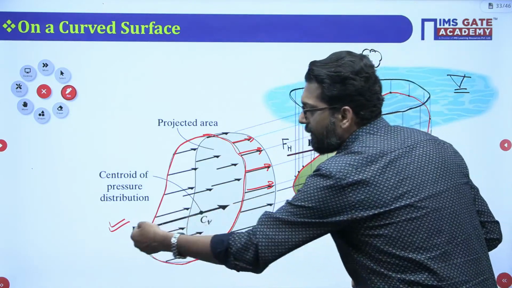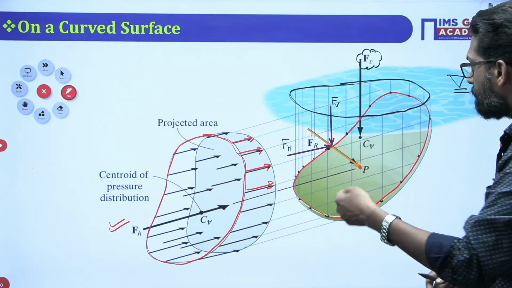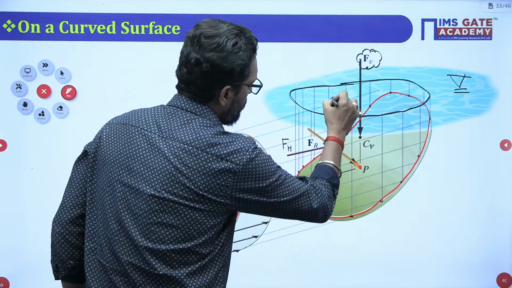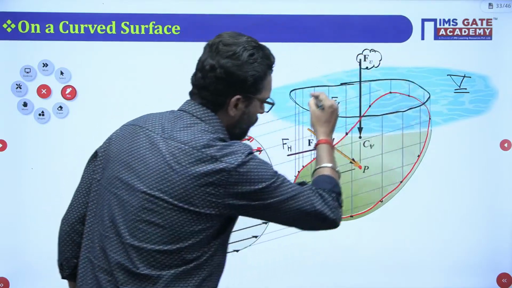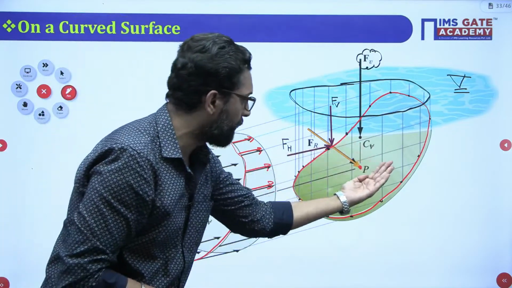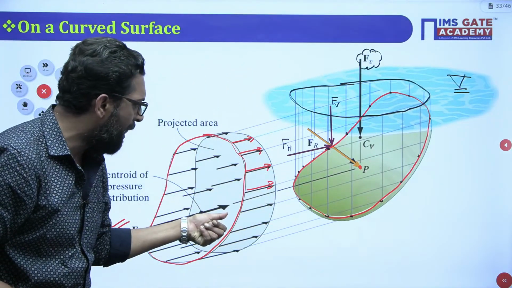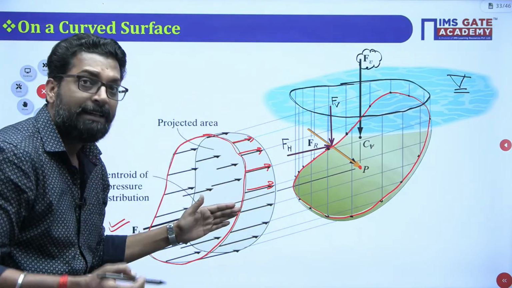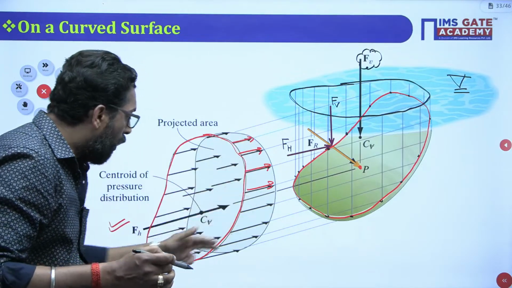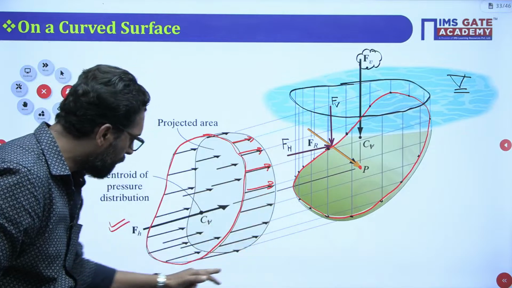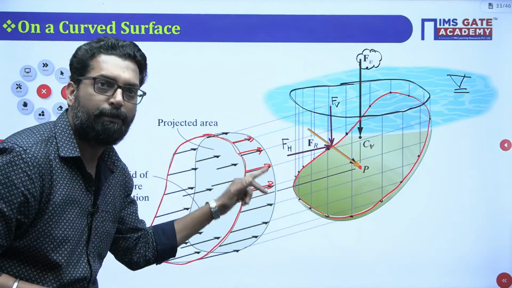At that point, this horizontal force will pass. So there is a horizontal force and there is a vertical force. The vertical force will pass through the centroid of the volume contained by the curved surface, and the horizontal force will pass through the centroid of the volume of the pressure prism.